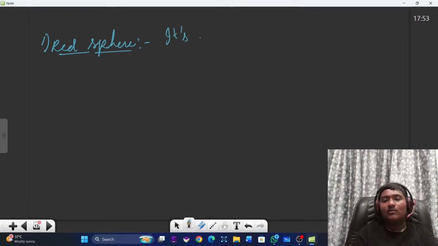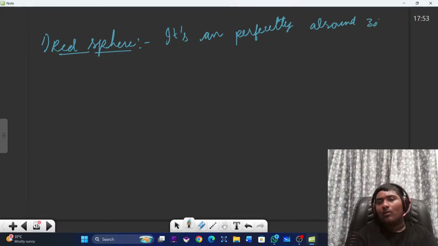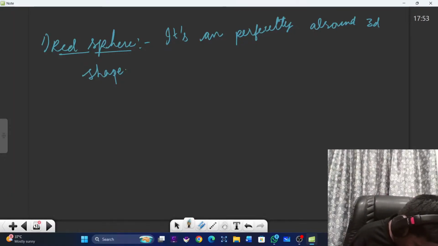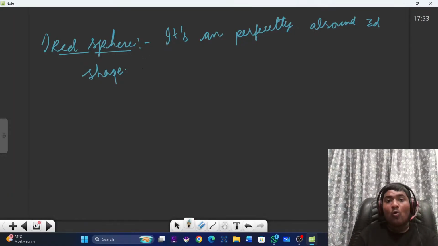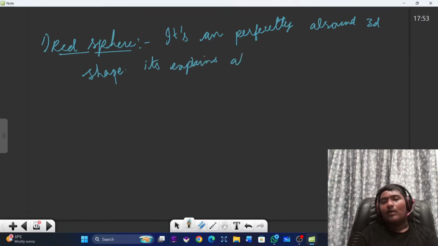It is a perfectly all round 3D shape. So what does it explain? Equidistance. So it explains equidistance in its center.